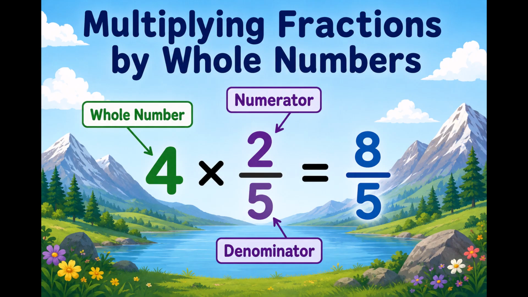Not the answer, but the numerator. The numerator in the equation itself, without the answer, is 2. And then the denominator is 5. And then we have the answer, of course, which is 8/5. Pause this video to discuss it further or to do your activity.